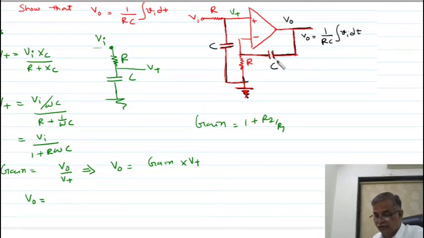For a non-inverting amplifier, you can see your fundamental circuit. So you can say this is your R2, so R2 by R1, remember.